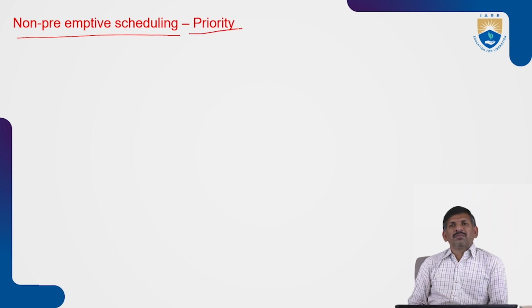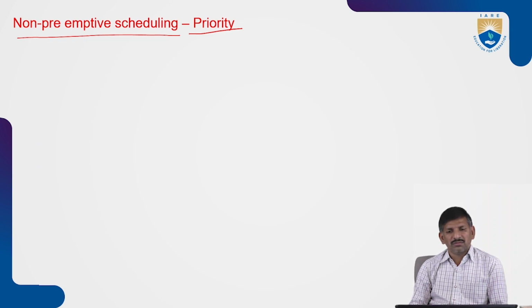Based on the task, whenever it is created, we assign priorities: first priority, second priority, third priority. 1 is the highest priority, and 3 is somewhat lower when compared with 1.